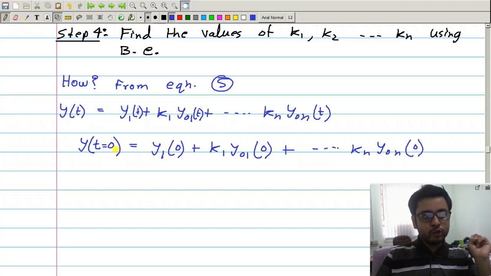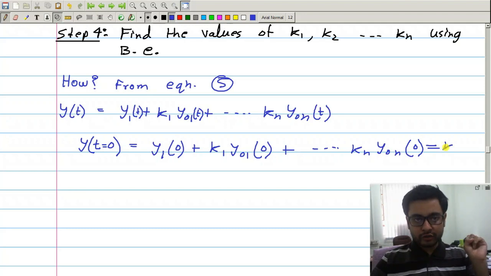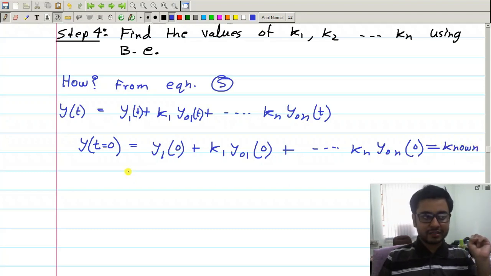And this value is known or given in the boundary conditions, right?